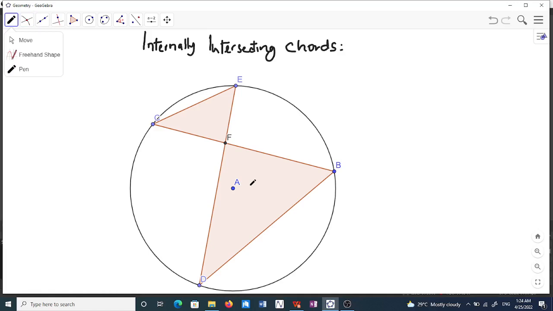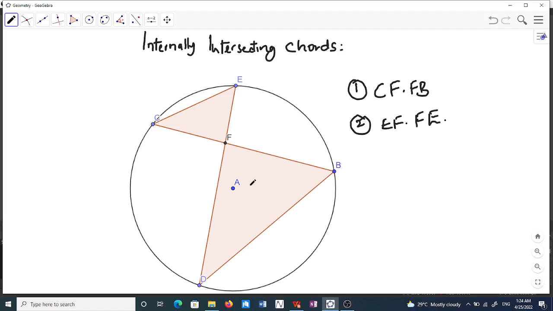For the first test, we take the line CF. If CF is multiplied by FB, and then the second one, EF multiplied by FD, what are we going to get? Will it give us some insight?